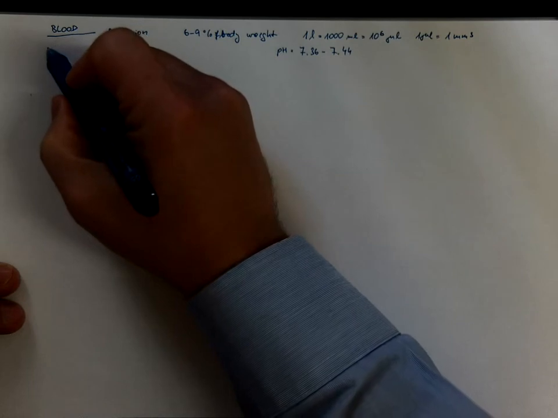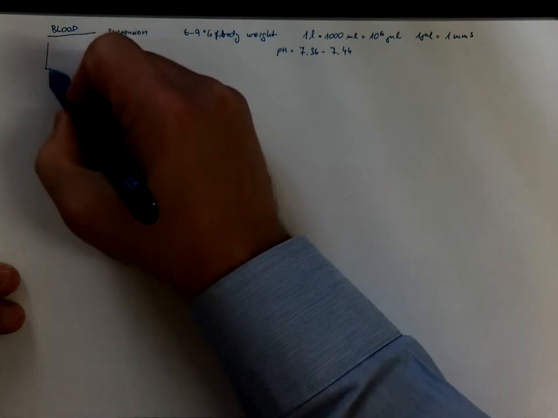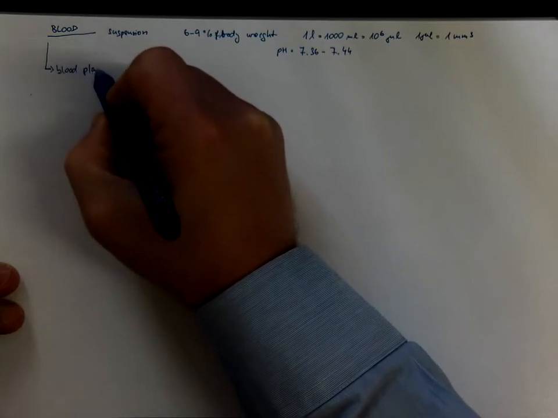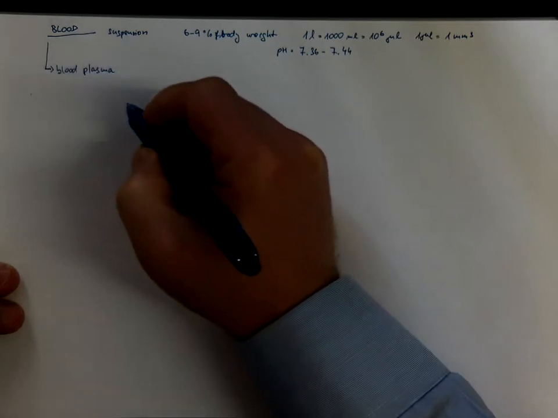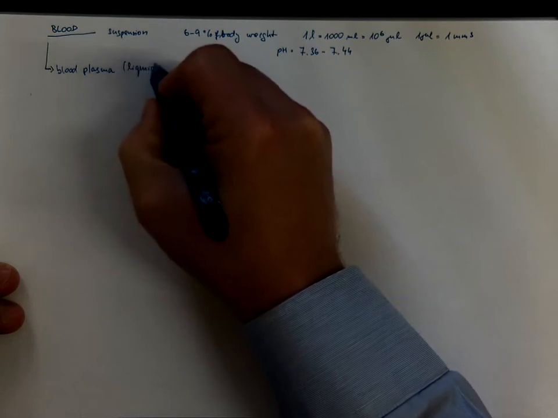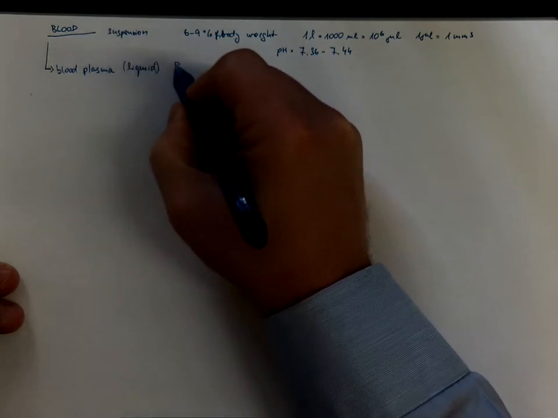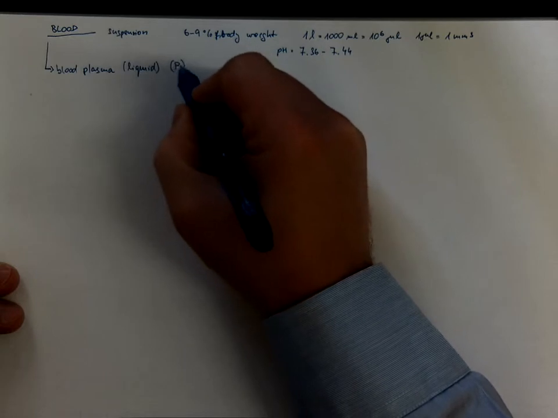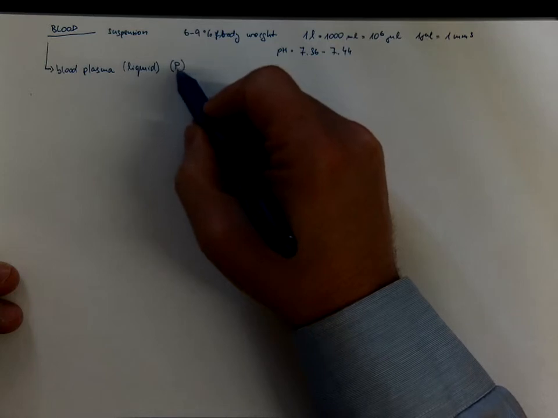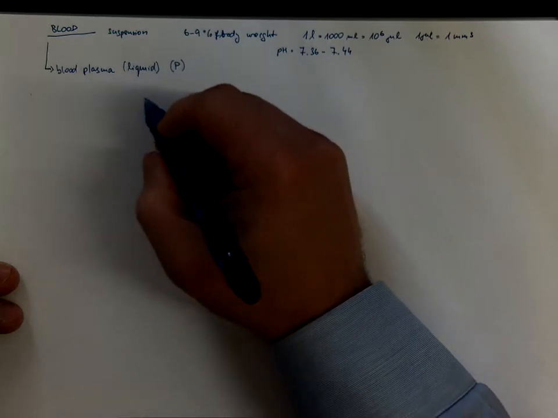So first we have the blood plasma, that's the liquid part. Often abbreviated in the results as P if some biochemical results are calculated per whole blood plasma.